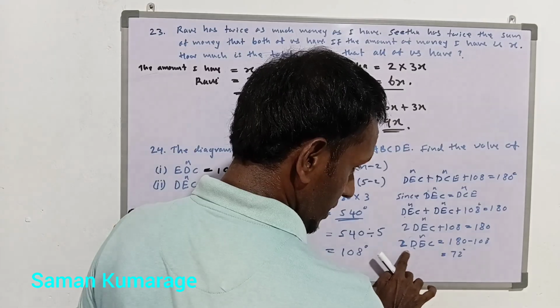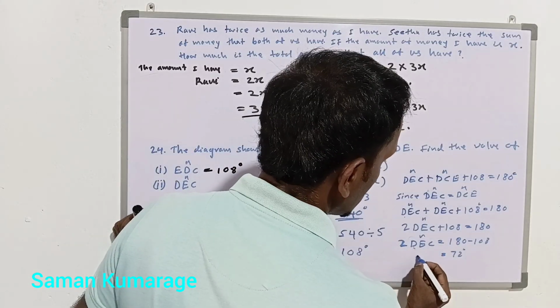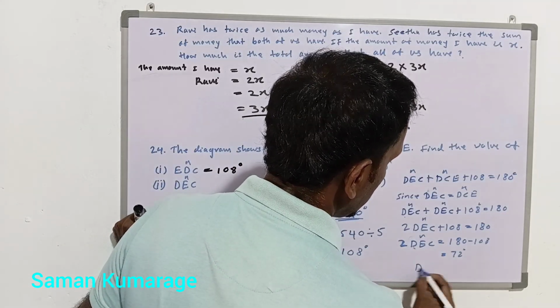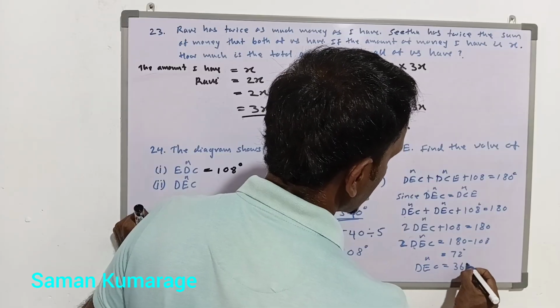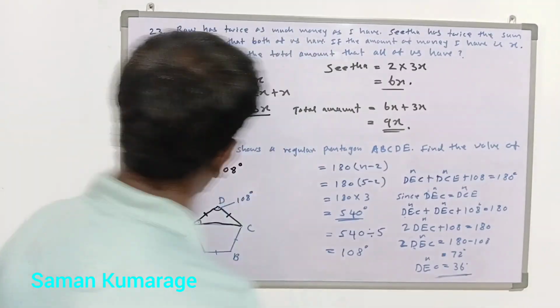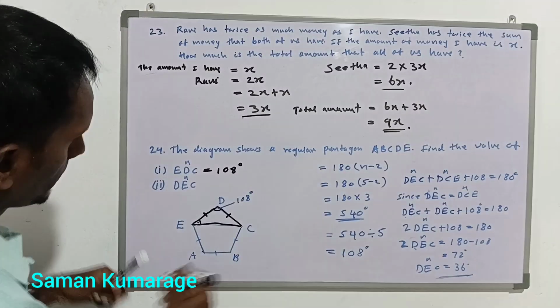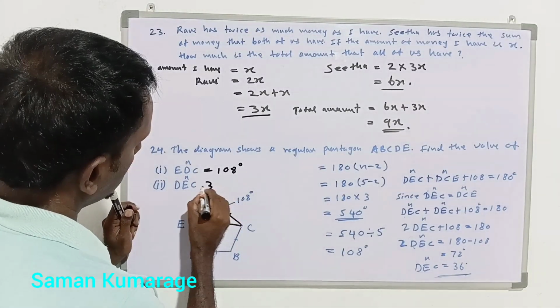If you divide both sides by 2, DEC equals 36. This is the answer for that. 36.